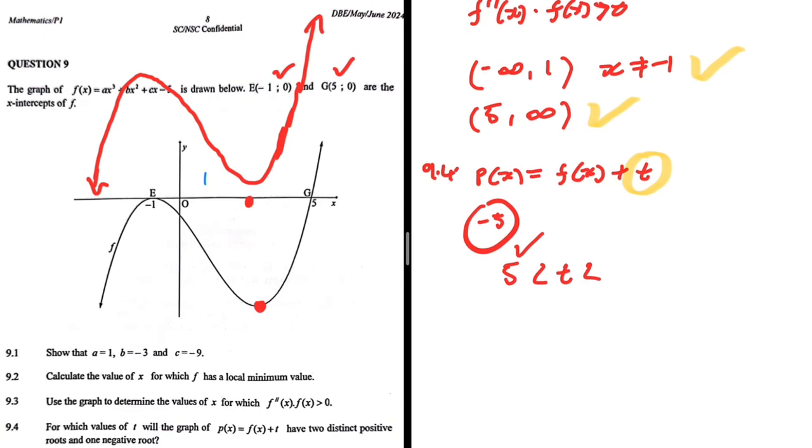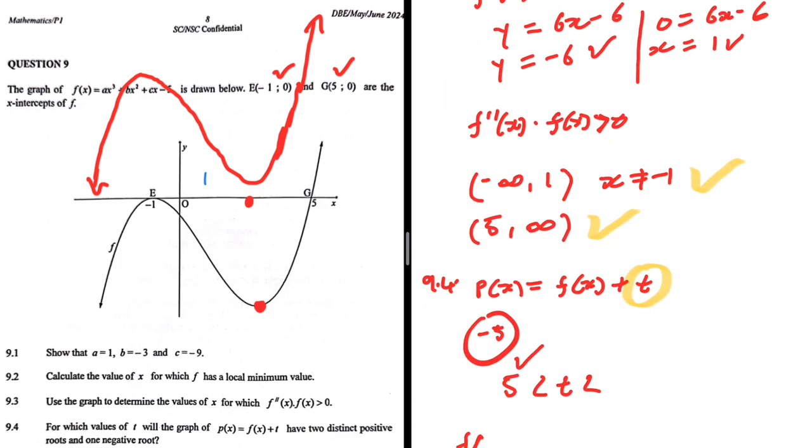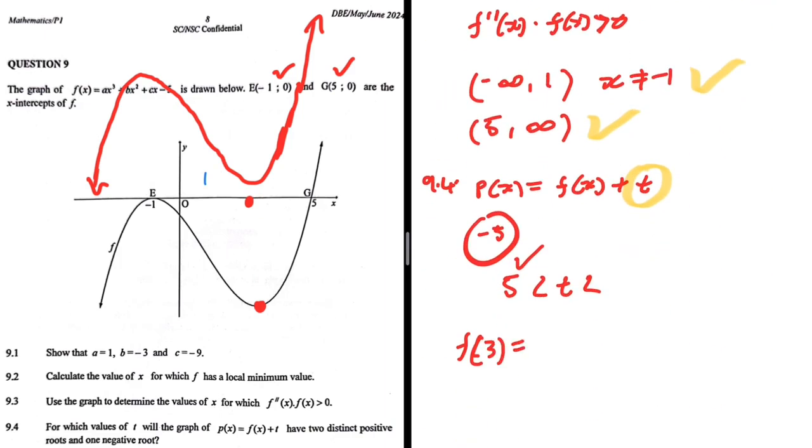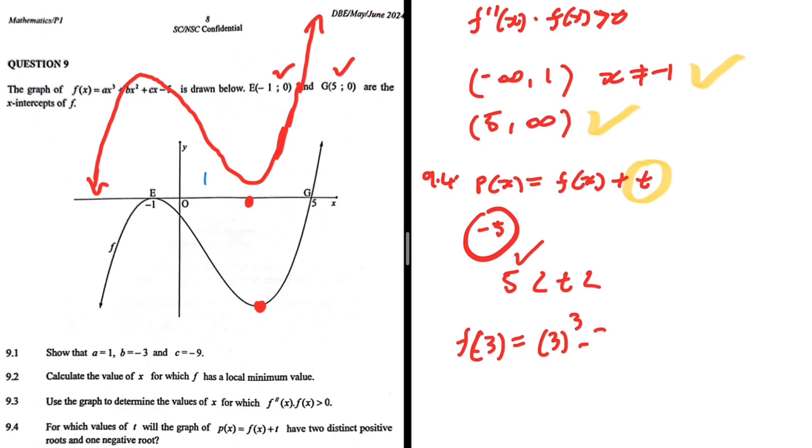How do we find the y value of that minimum? We have the x value. We calculated it in 9.2. So f of, I think the x value was 3. Yeah, f of 3 is equal to 3 to the power 3 plus, b is -3, so -3 squared, c is -9, so minus 9 times 3, minus 5.